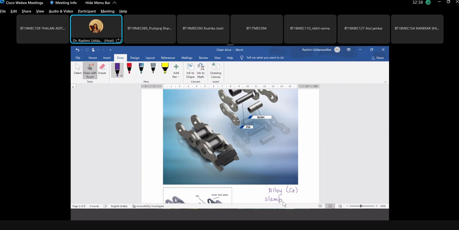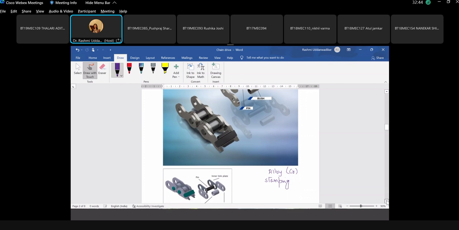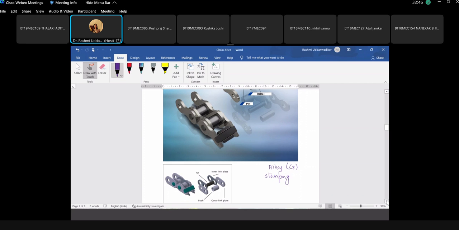Do you know what is stamping? I'm sure you have studied this in manufacturing process. What is stamping? Stamping, somebody?